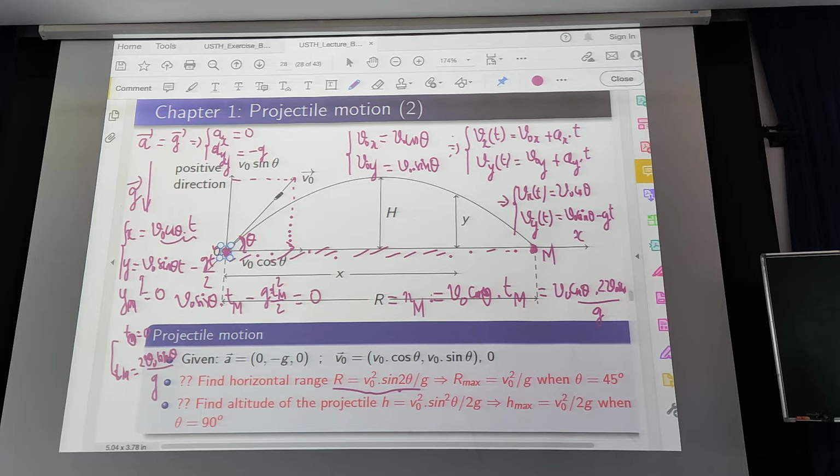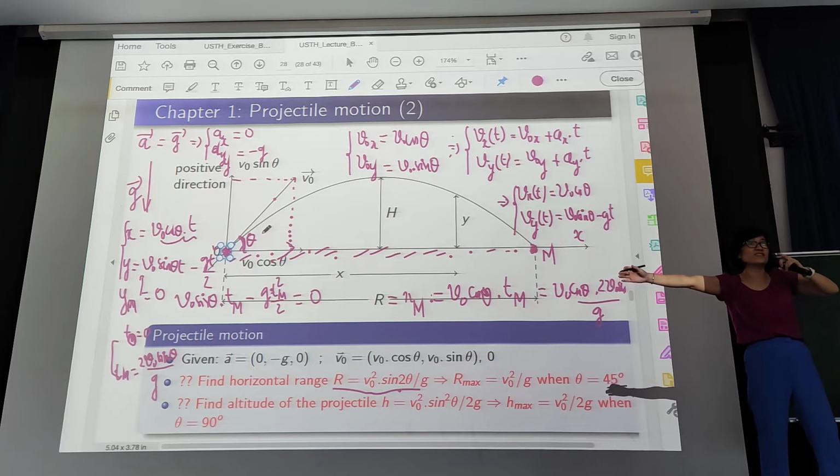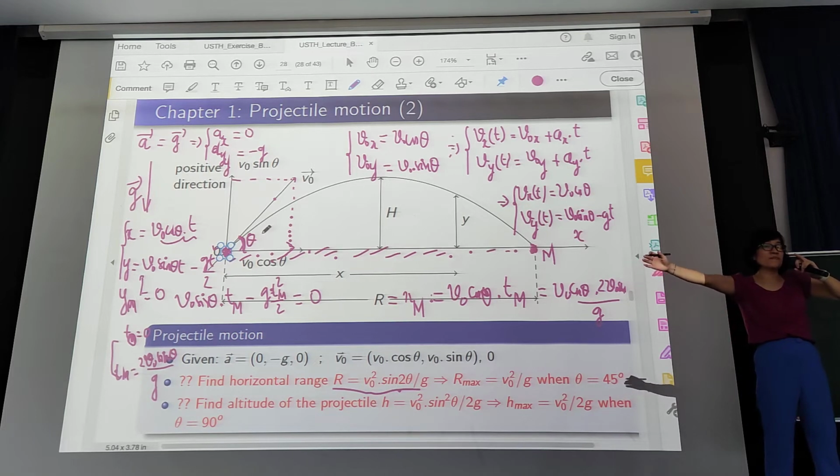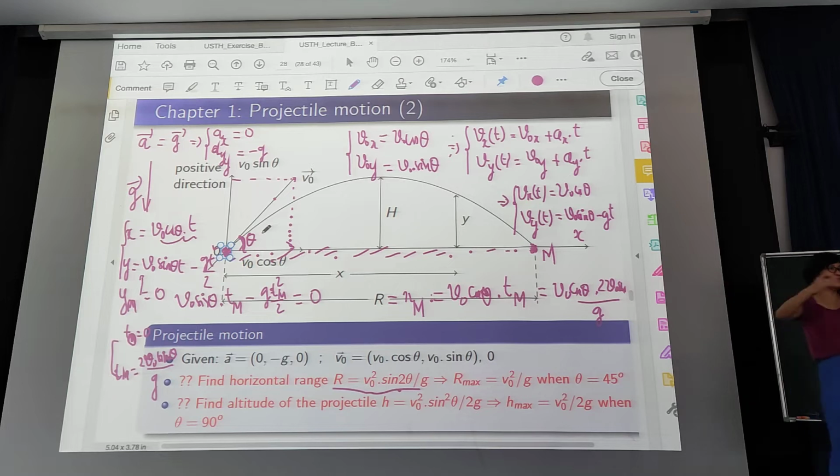So if you project at 45 degrees, you will get the maximum horizontal range. Okay? So this is how you can catch the target, because you can measure the horizontal range. Okay?